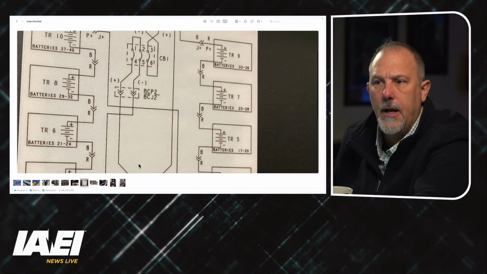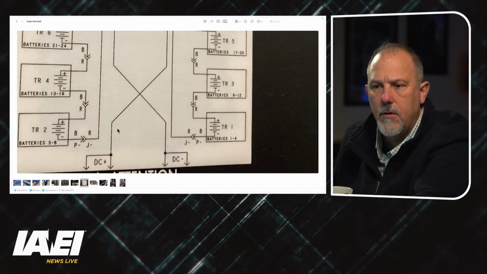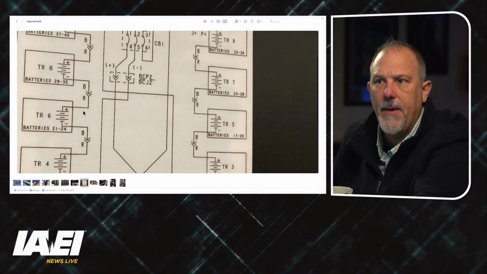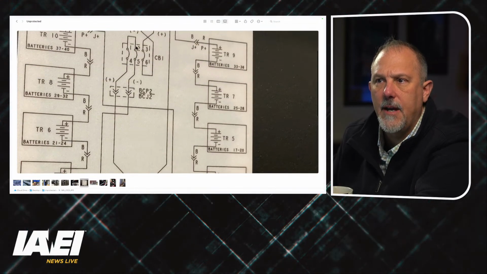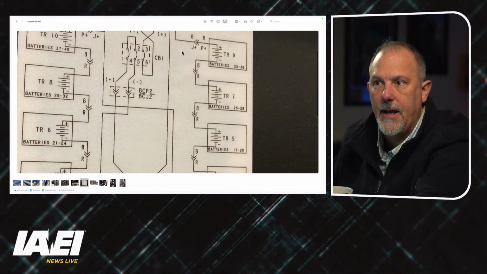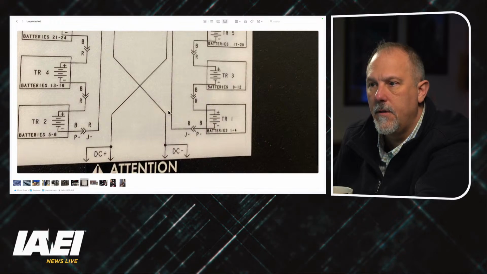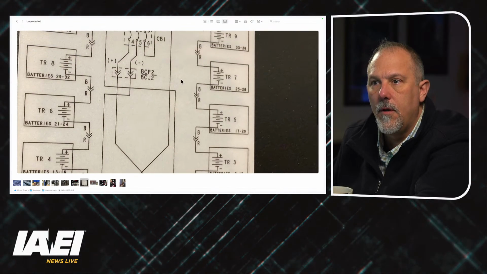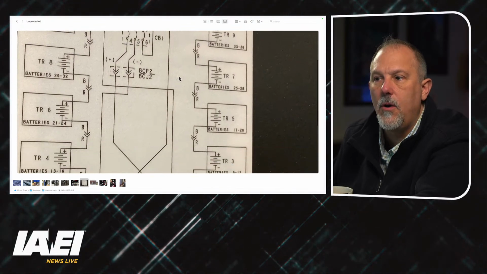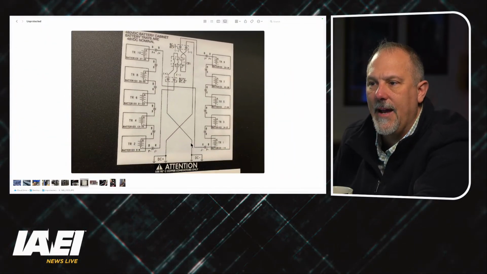So there's your plus. That's coming from the battery. That's coming up through 2 poles and coming down. I'm just trying to, oh, okay, all of these are in series. All right, now I see the diagram now.